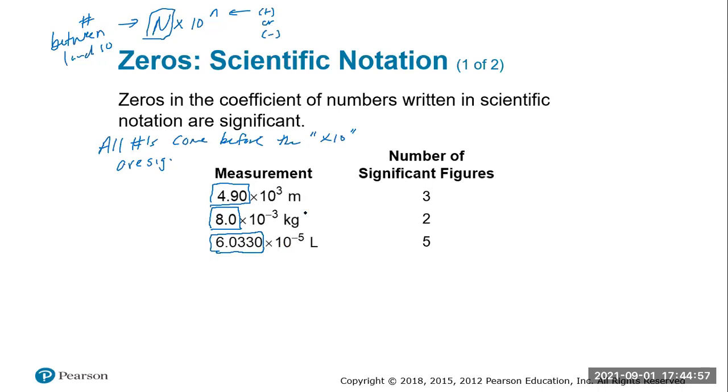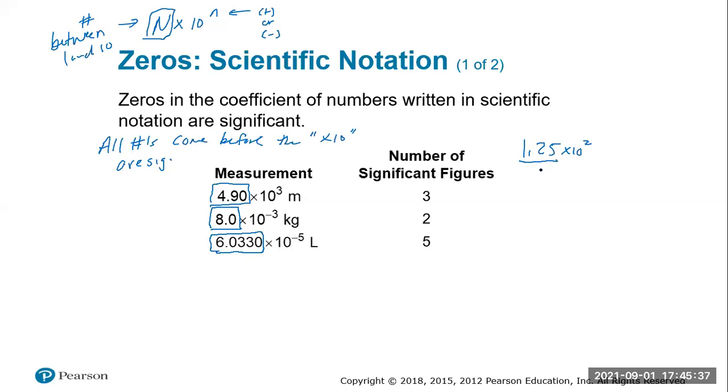The nice thing about scientific notation and significant figures is that there are some cases where, when you do a calculation and this answer should end up with a certain number of significant figures, there's sometimes only one way to get to the right number of significant figures, and that is to write the number in scientific notation. So for example, if we were dealing with a number like 1.25 times 10 to the 2, if I wrote it like this it would be 3 significant figures.